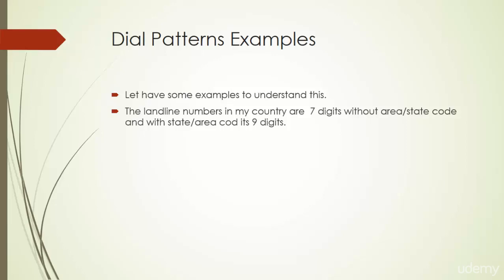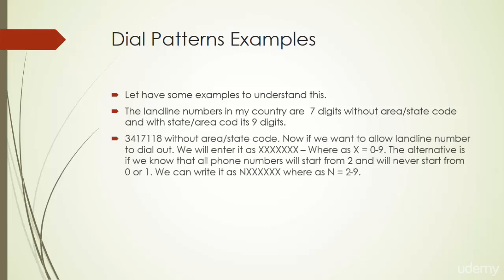For example, this number, 3417118, has a total length of 7 digits, without an area code. If you want to allow landline numbers to dial out, we will enter it as XXXXXXX, 7 times X, where X is from 0 to 9. So this is just an example for you. You only need to put 7 X's.